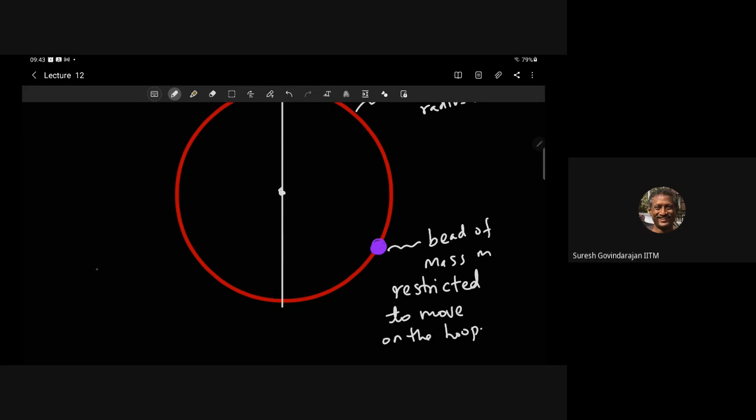Gravity acts of course in the z direction, so we'll choose this as the z direction, and for now let's choose this as x. So the first step is that we want to do the dynamics of the bead on the hoop.